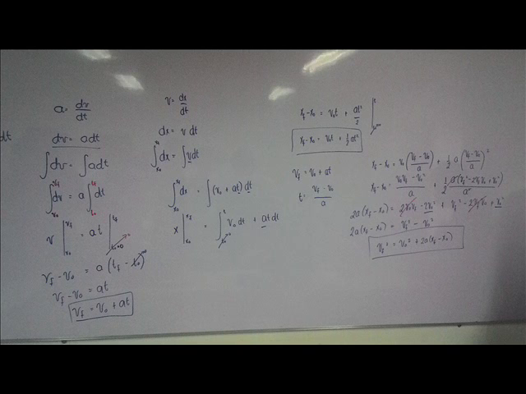Let's check if they cancel out. This one can cancel this one. This one is additive. Simplify, we will now have 2 times a times x sub f minus x sub o is equal to v sub f squared minus, this and this will be negative.